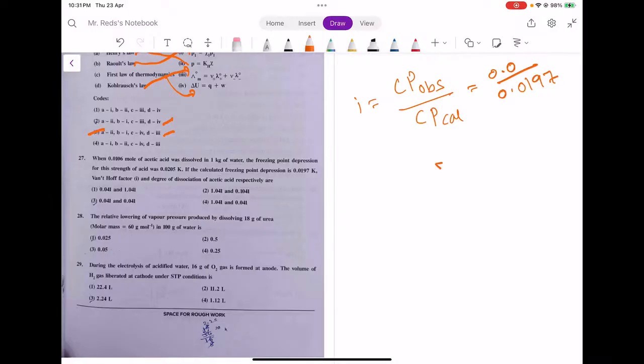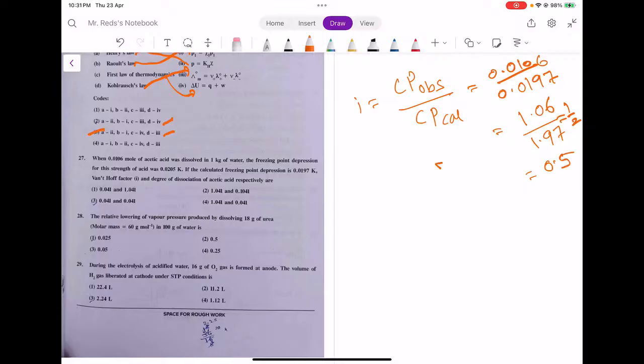This is equal to 0.0106. I am going to take it to the right hand side: 1 by almost 1.06 by 1.97. That is 1 by 2 almost, which is equal to 0.5, students.